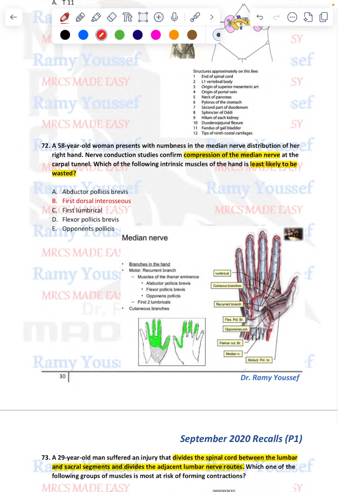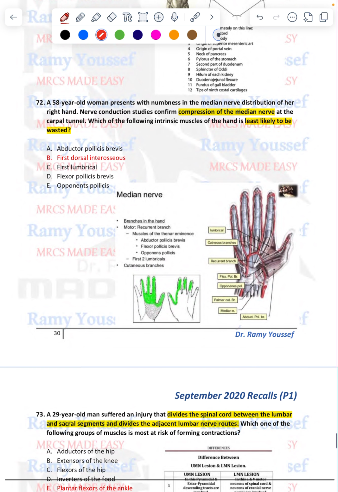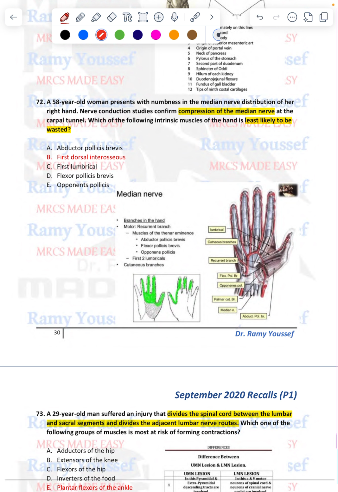A 29-year-old man suffered an injury that divides the spinal cord between the lumbar and sacral segments and divides the adjacent lumbar nerve roots. Which one of the following groups of muscles is most at risk of forming contractures? The injury divides the spinal cord between lumbar and sacral segments. So L5 and S1, adjacent lumbar nerve roots. So it is femoral. Let us see what they are telling now. Plantar flexors of the ankle.